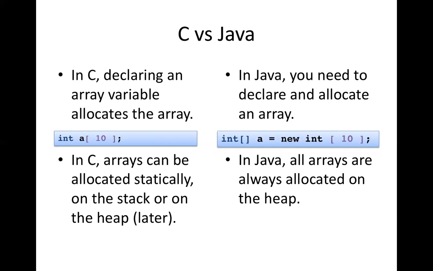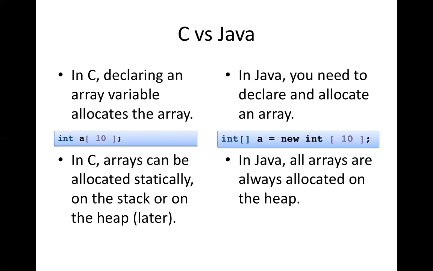You can allocate them as global variables, and their initialization behaves just like any other variable in that region. So if you allocate an array on the stack and you don't initialize it, then it's going to start out with elements where you really don't know anything.